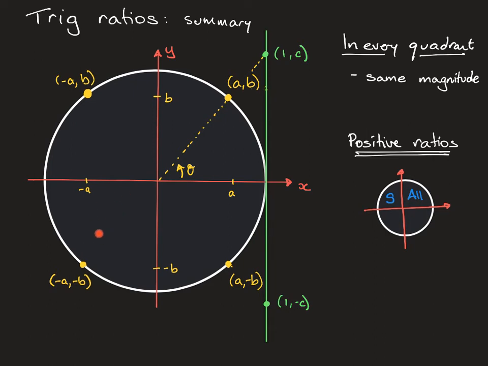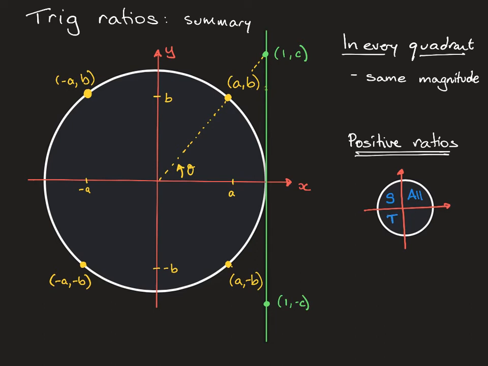In the third quadrant, our cos value is negative, our sine value is negative, and our tan value is positive. So in the third quadrant, the only trig ratio that's positive is our tan ratio.